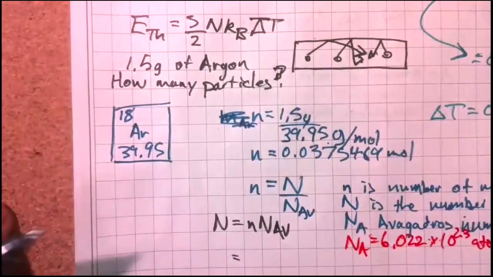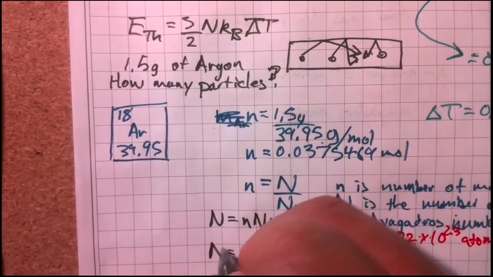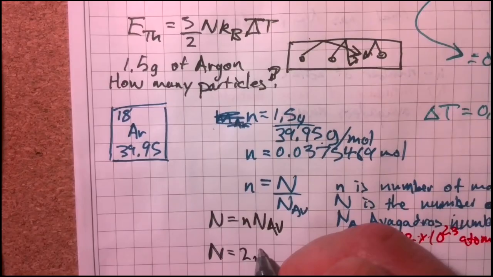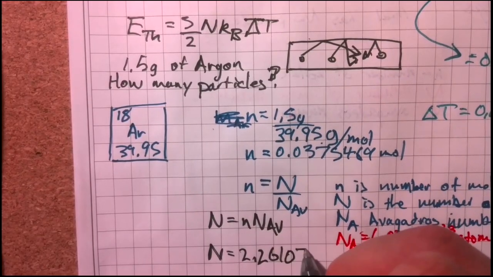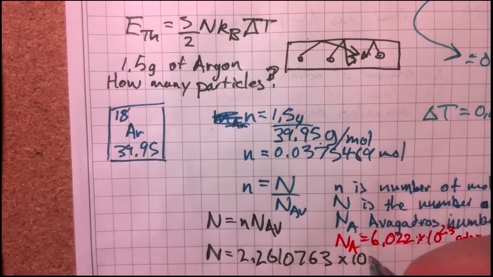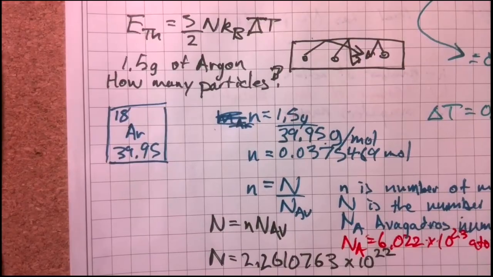I'm going to write that down here. I have N, which is going to equal 2.261, and I'll write down these other numbers, 0763, times 10 to the power of 22. That is the number of atoms that I have.